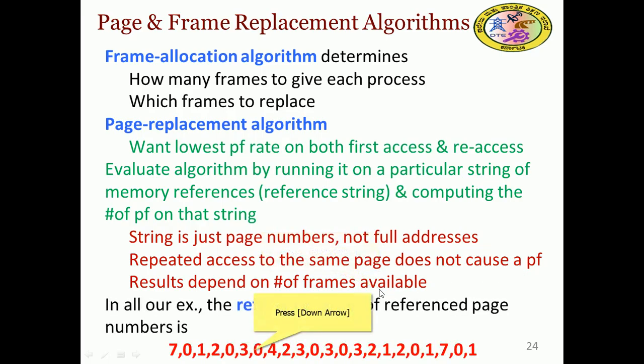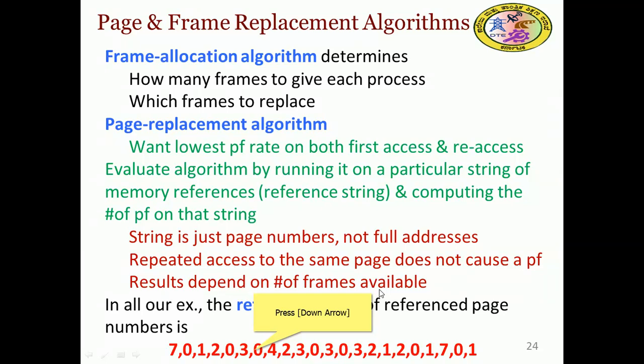In all examples, the reference strings are page numbers 0, 1, 2, 0, 3, and so on. This is one example of a reference string. The reference string is a sequence of pages demanded, with the corresponding page numbers.